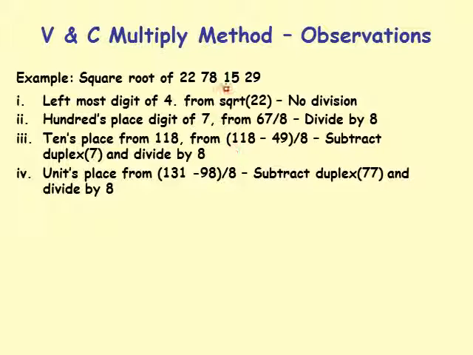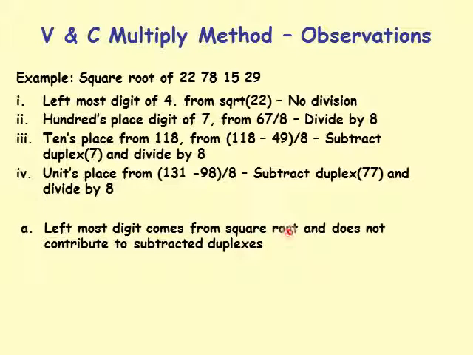So we have 13 remainder from the previous step here, 131 minus 98 divided by 8. We were subtracting a duplex of 77. There were 2 sevens before the third digit, and we got it, and we were dividing by it. So we divide by 8 here, divide by 8 here, divide by 8 here, and 8 is twice the first digit.